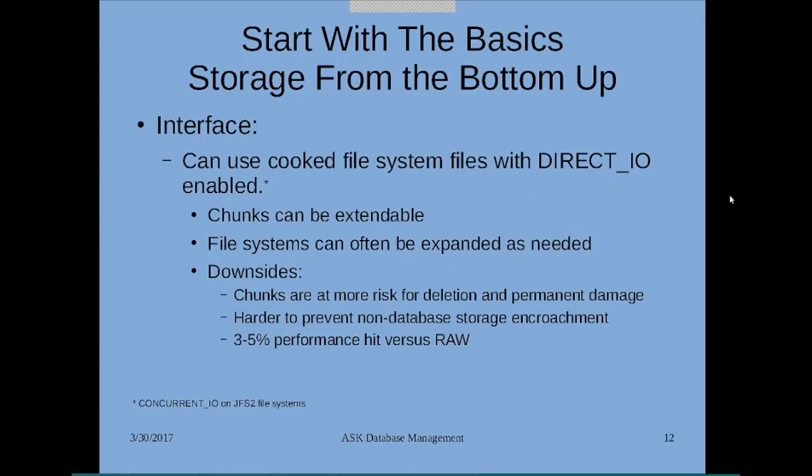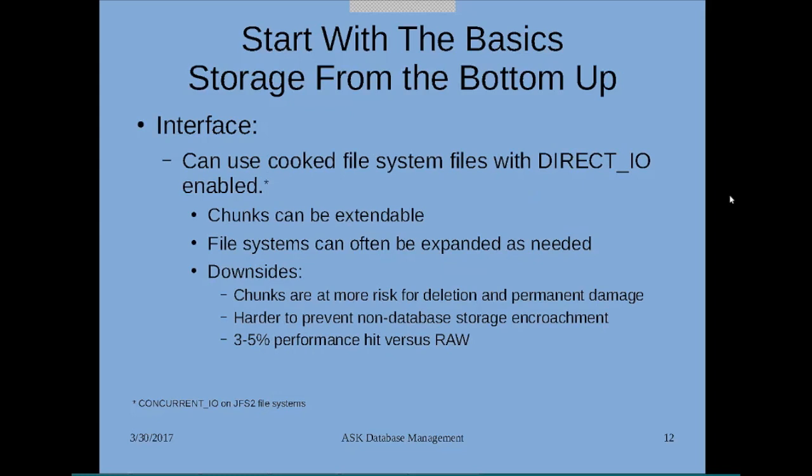Cooked files, though, have the advantage of being extendable. If you put a chunk on a cooked file, you can tell the database that it is extendable. And when the chunk reaches 80% full, 90% full, 95% full, whatever you define, Informix can optionally extend the chunk and make it wider, make it bigger. Okay. Also, file systems are expandable.